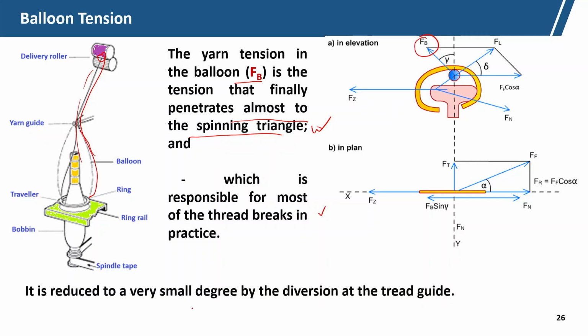It is reduced to a very small degree by diversion at the thread guide. So, this is the thread guide. The thread guide reduces it to some extent, but the contact angle is very small. So, the reduction in balloon tension is not much, and the majority of the balloon tension is transmitted to the spinning triangle.